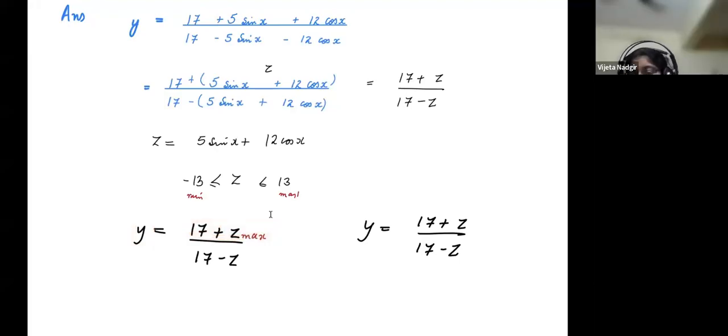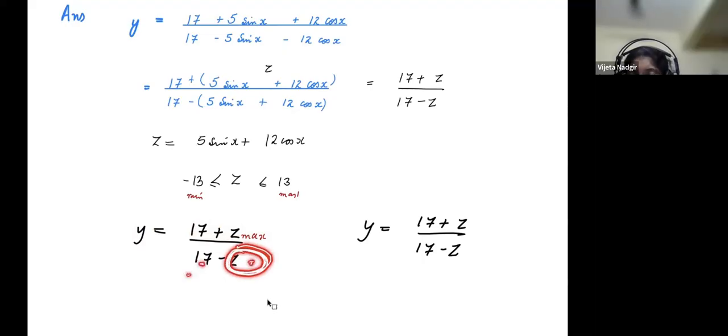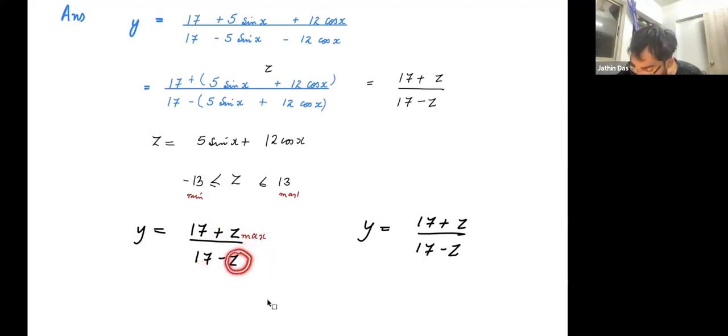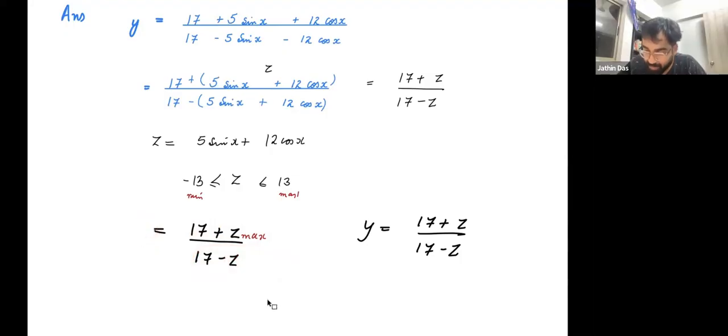Correct? Now in the denominator, I have to put the maximum value of z because it's getting subtracted. If z is maximum, then this whole thing is minimum, and if this is minimum, y is still maximum. To maximize y, I have to put z max in both places. And I think minimum will be easy.